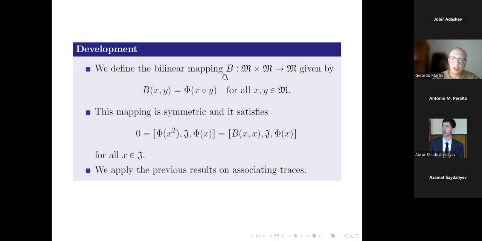So we only define this bilinear mapping B in the following way. By definition, this map is symmetric and also satisfies the following identity with respect to the associator. So now we can apply the previous result in the case of associating traces. That is a brief sketch of the proof.